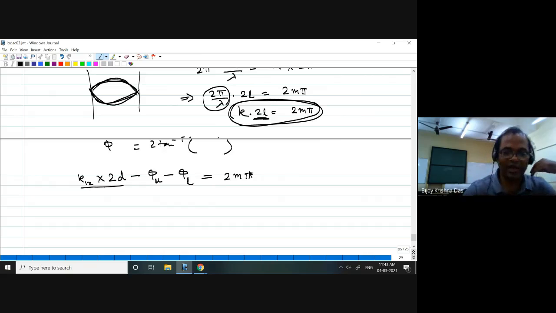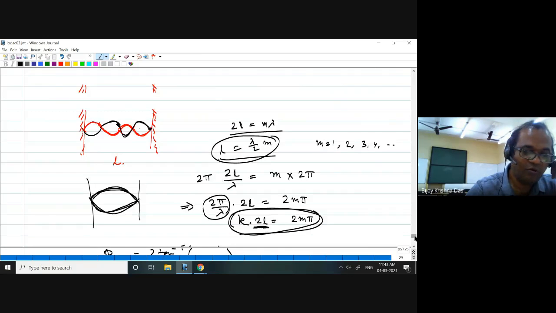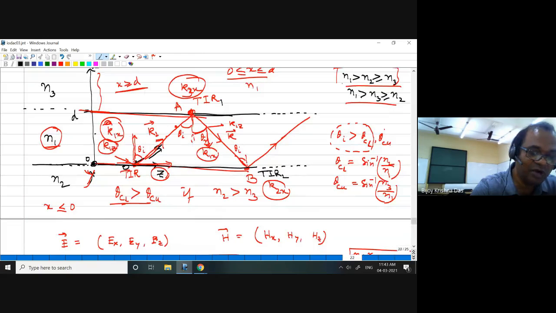And you can say that this type of wave will be traveling without any destructive interference, consistent. So after k1x going and coming back, and then the total internal reflection phase, if after one round trip they acquire 2 pi times an integer phase, then you get your consistency.